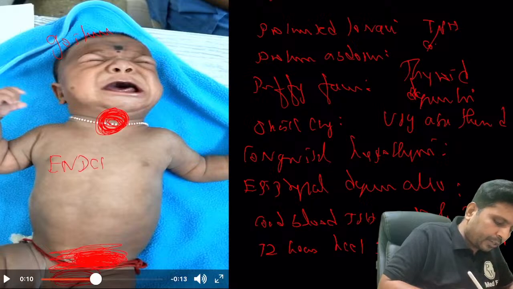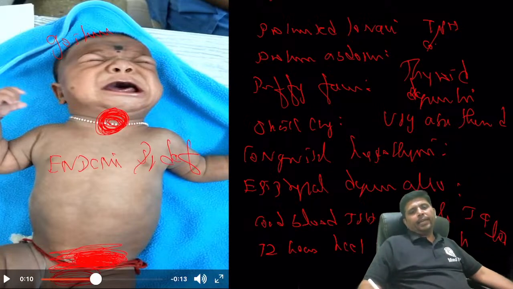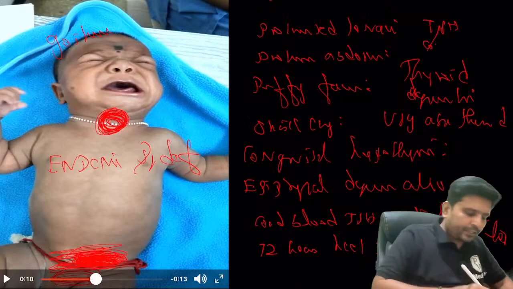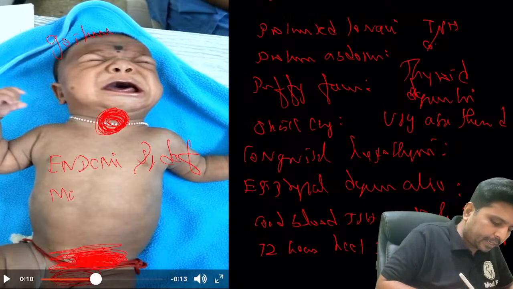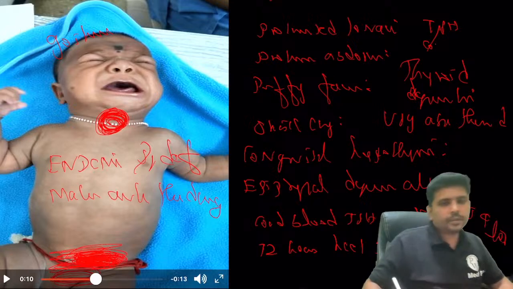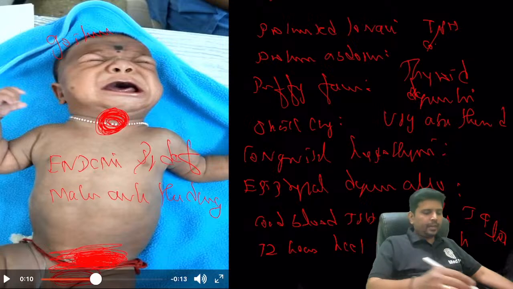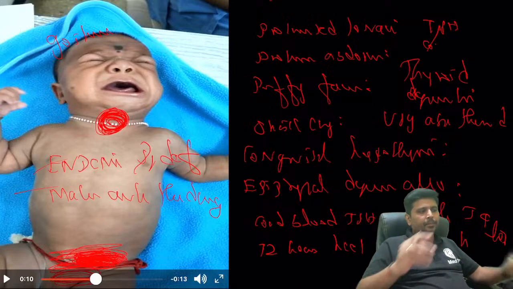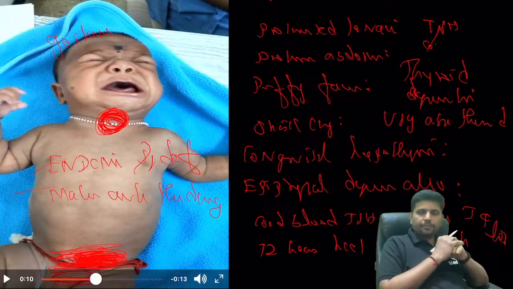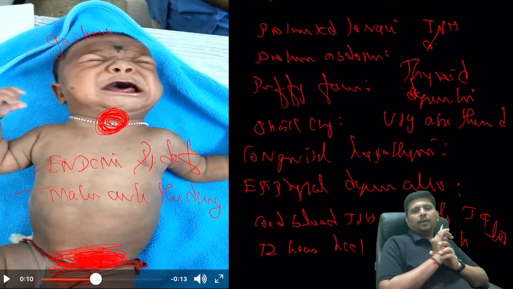Endemic iodine deficiency. Second one is maternal anti-thyroid drugs. These two conditions in particular will cause congenital hypothyroidism.